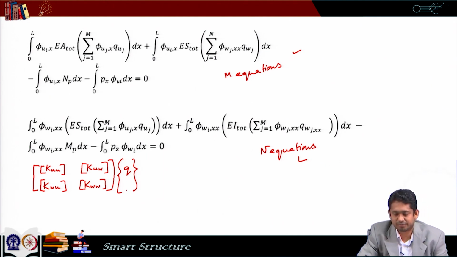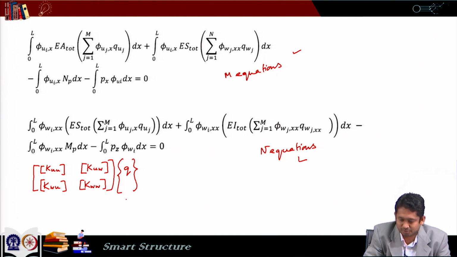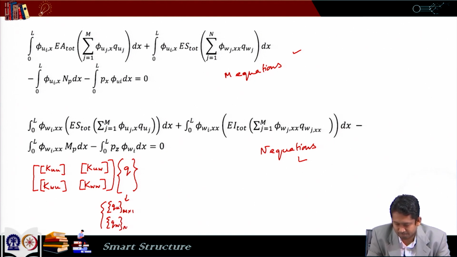Now, please understand, as we defined before, this q vector has total m plus n components. Among them, the first m components are q u, and then we have q w, and then that is equal to F, the force.